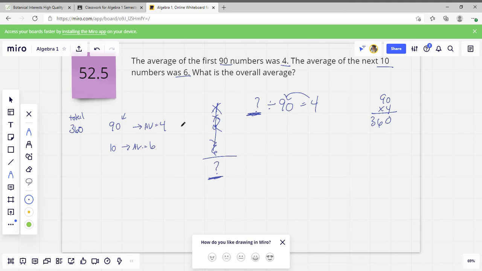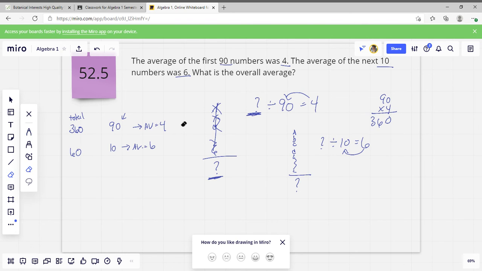And then we had 10 numbers, A, B, C, D, blah, blah, blah, that we don't know. And they added up to a mystery number. And then we said our mystery number divided by 10, and we got an average of 6. So we have to go backwards and say 6 times 10, which would be 60.